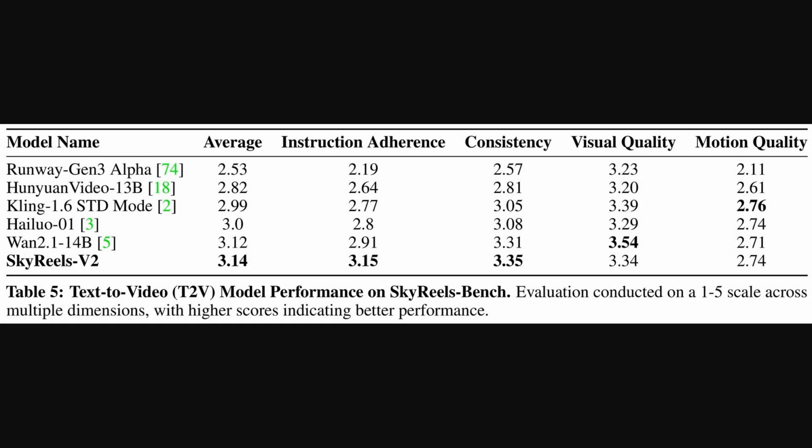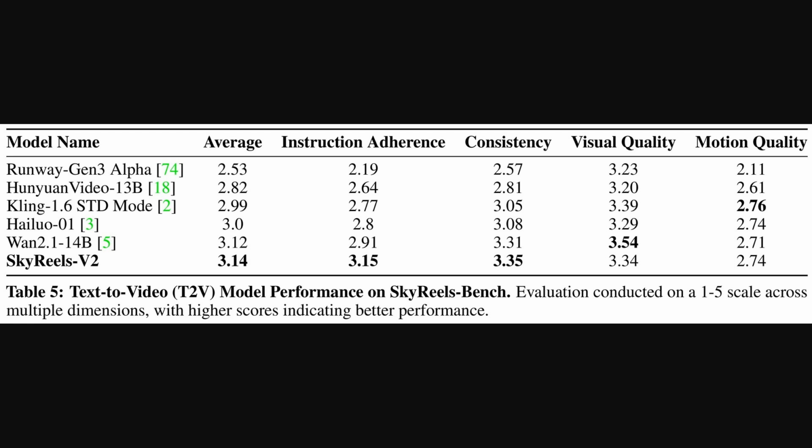So we've seen that SkyCaptionerV1 is really good at creating those detailed structural captions. Table 5 here now shows us how SkyReels-V2 itself, the main video generation model, stacks up against other leading text-to-video models. This evaluation is done using something called SkyReels Bench, which scores models on a 1 to 5 scale across several aspects.